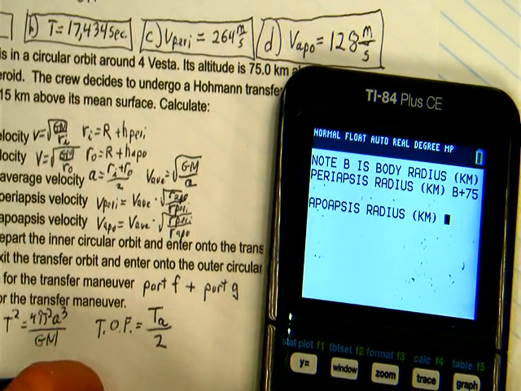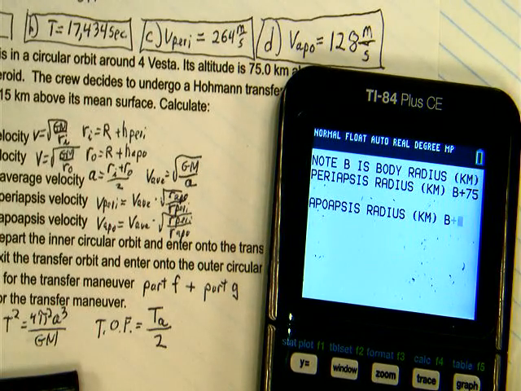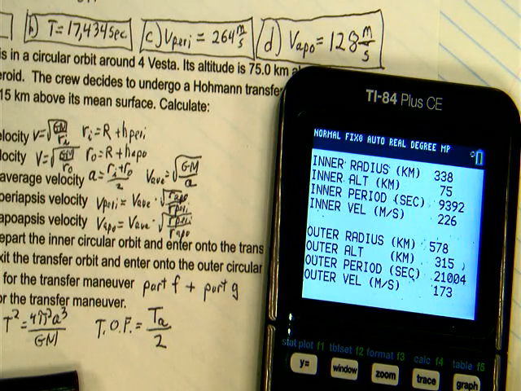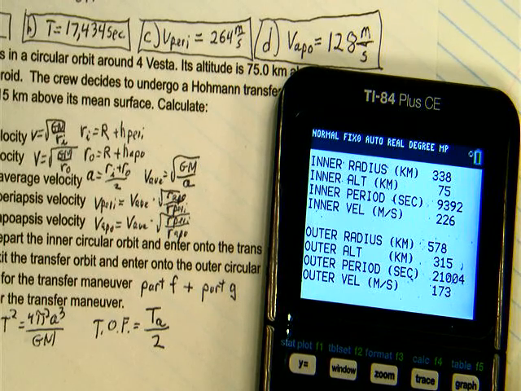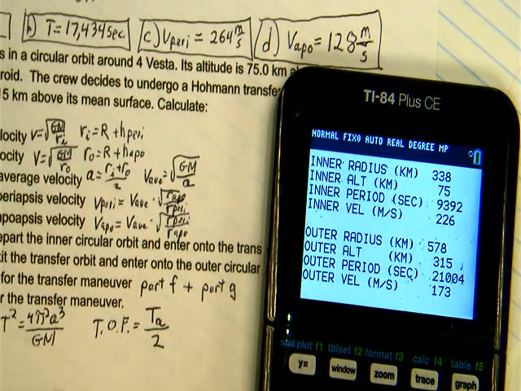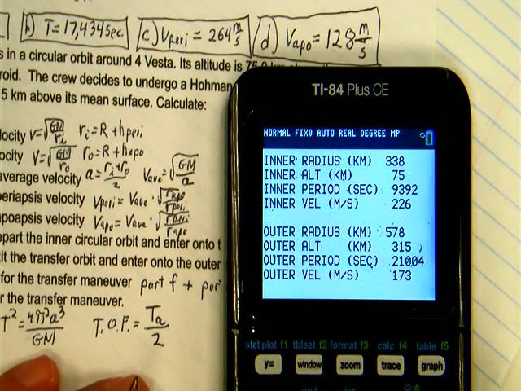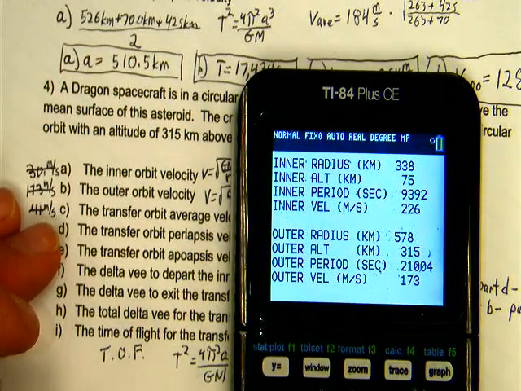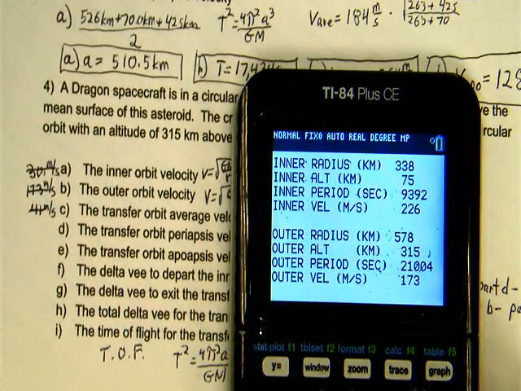The apoapsis radius should be alpha b plus 315. Okay, so I typed in an incorrect value earlier because I have faith that I've debugged my program and the program should be working correctly.